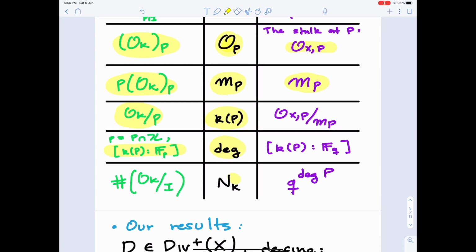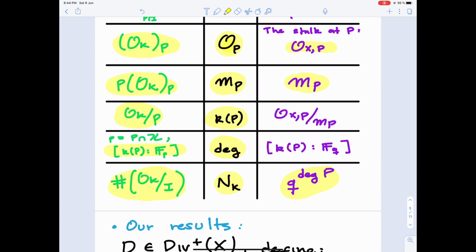And N is going to be the norm. So this is the size of the finite ring O_K mod I, where I is an ideal. And in the function field case, this is q to the degree of P. So maybe I should mention that you extend the definition of the degree for arbitrary divisors by linearity.